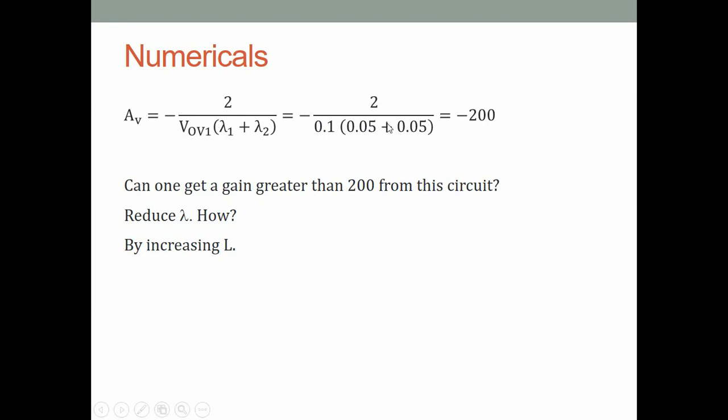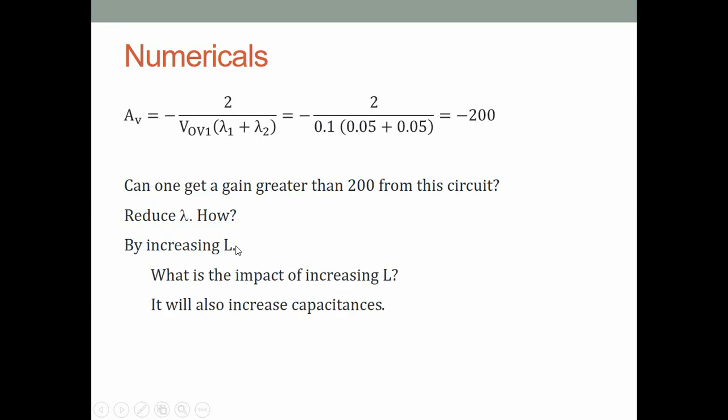So we can increase the gain further by increasing the channel length. What is the effect of increasing the channel length? Again, capacitance is increased, because when we increase L, we'll have to increase W by the same proportion to keep the current constant, and so both W and L larger will mean increased capacitances.